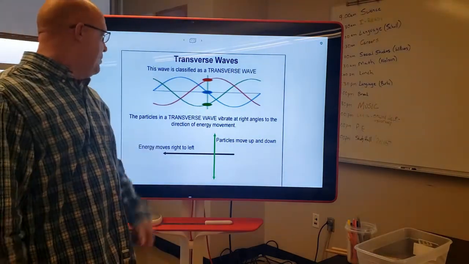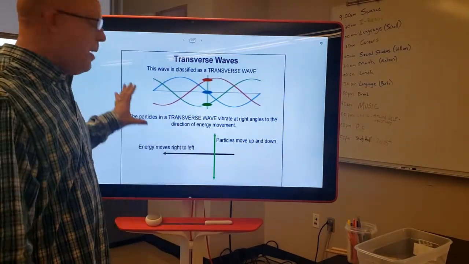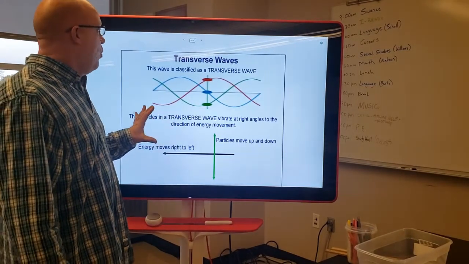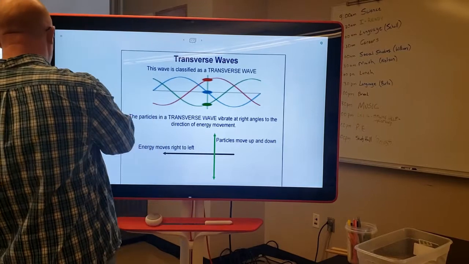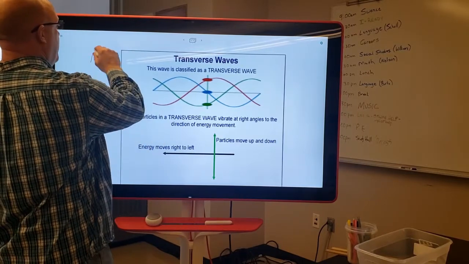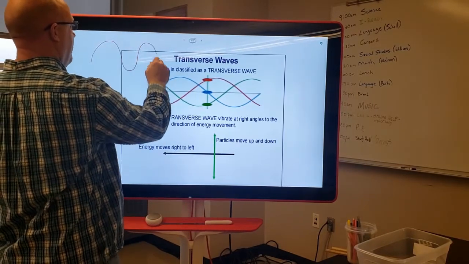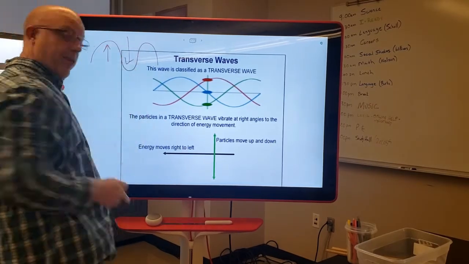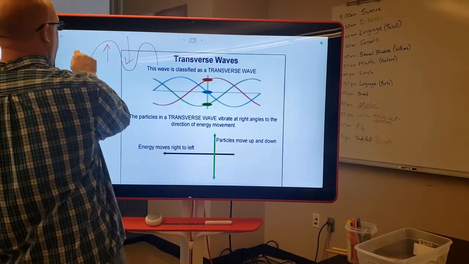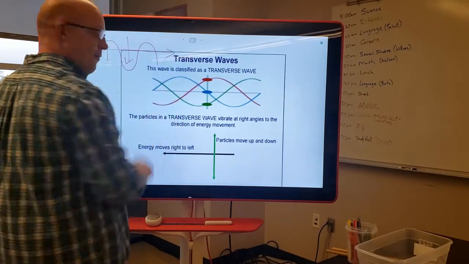There are really 2 types of waves in the world. We're going to spend a lot of time with this type of wave, called a transverse wave. That means in a transverse wave, the wave moves up and down. So the wave is actually going up and down, but the energy is traveling left and right.